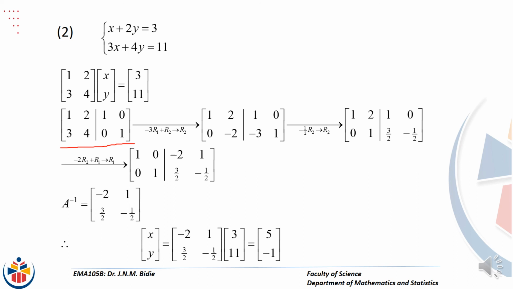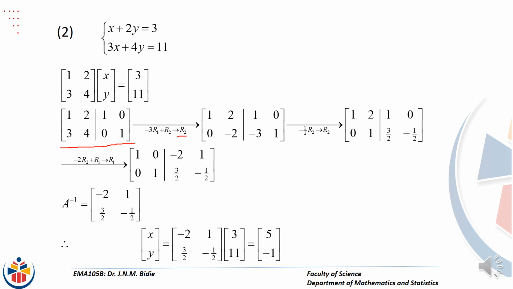Note that I'm substituting in row 2. Whatever I'm doing changes row 2, but not row 1. So I put 1, 2, 1, 0 as row 1. So it's minus 3 plus 3, that gives me a 0. Minus 3 times 2, it's minus 6, plus 4, that gives us negative 2.